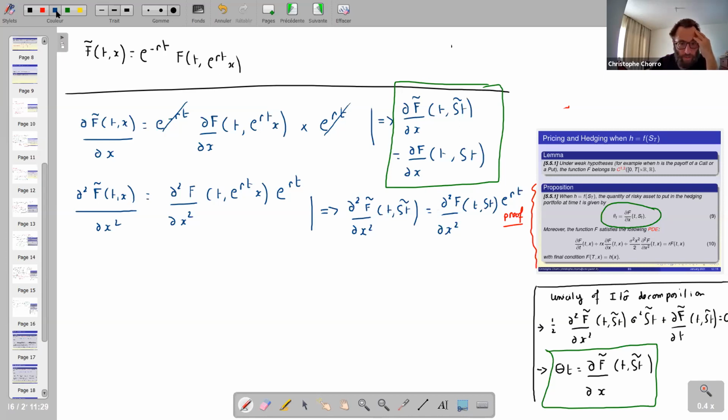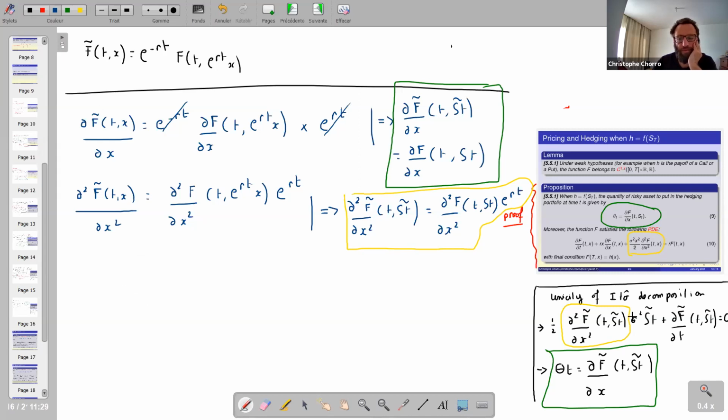That is something that I can write in yellow here, and that I will plug here. And you see that if you plug this one here, you start to see it by this part here, in fact.